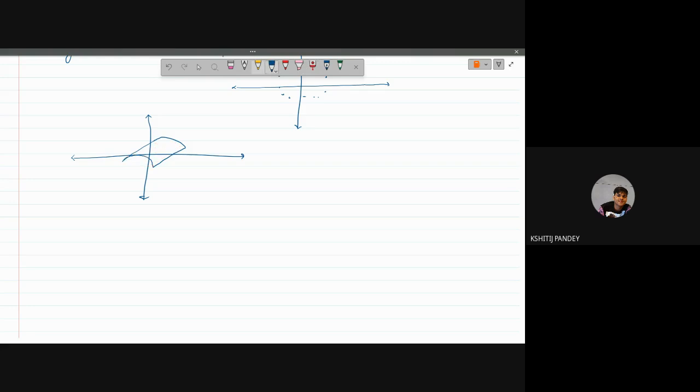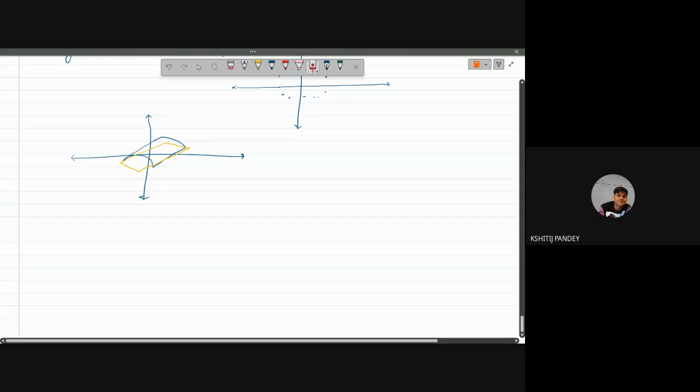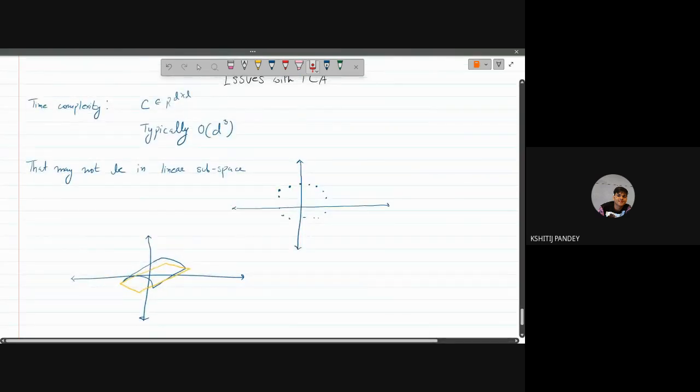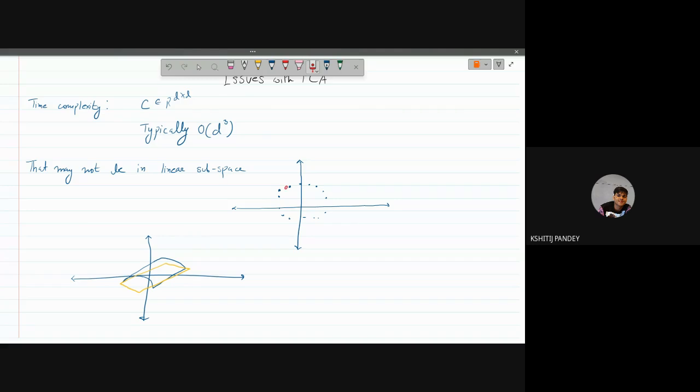But what PCA will do is find you one direction, then another direction, and from there make a plane, a linear subspace, and say this is the linear subspace in which the data lies. But this curvy plane is actually a better subspace, so we are missing out on information. So the first issue is that it is expensive to calculate eigenvalues and eigenvectors as d increases, and the second issue is that the data may not be in a linear subspace. Okay, is that clear?